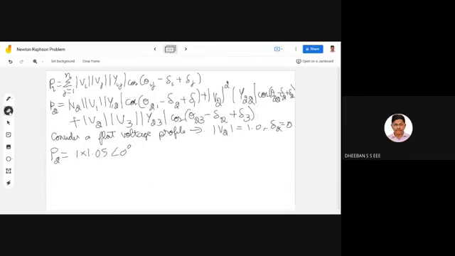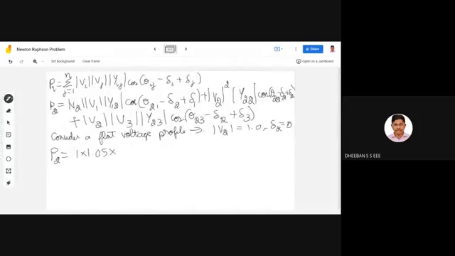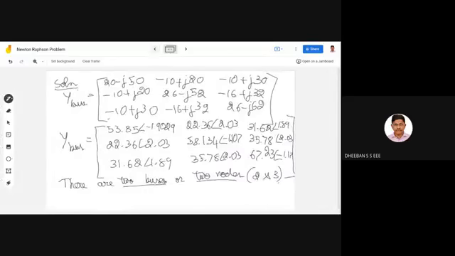Here we are not speaking about angles, we are using the absolute value. Then Y12: you just take the magnitude alone, 22.36 into cos theta 21. So theta 21, you have to see this value.